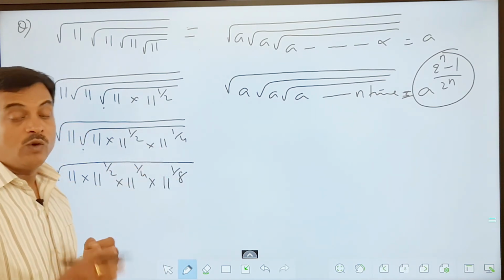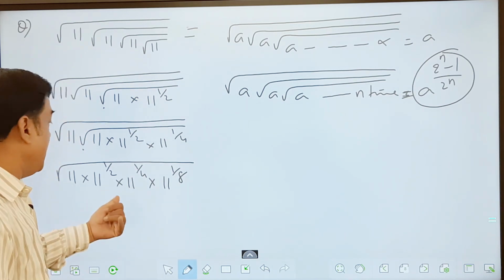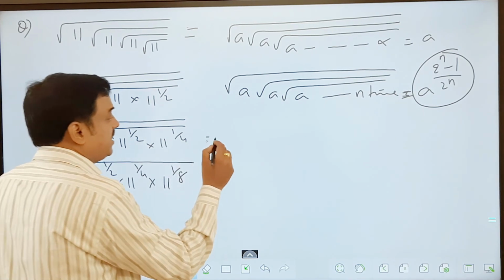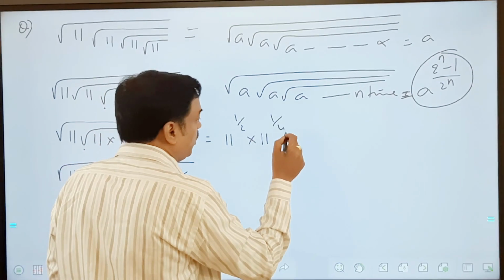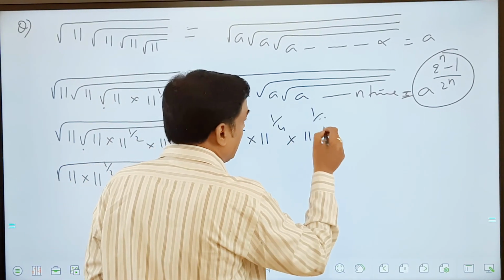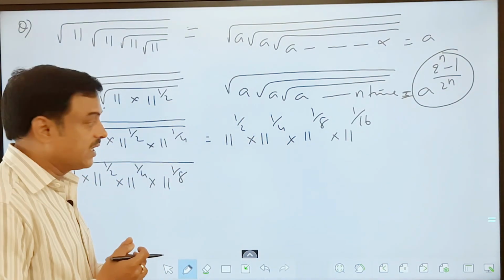For the last one, it will be square root on square root on square root for 3 times. And after this, you get 11 to the power of 1 by 2 into 11 to the power of 1 by 4 into 11 to the power of 1 by 8 and into 11 to the power of 1 by 16. Correct?